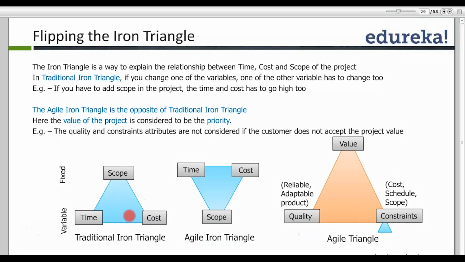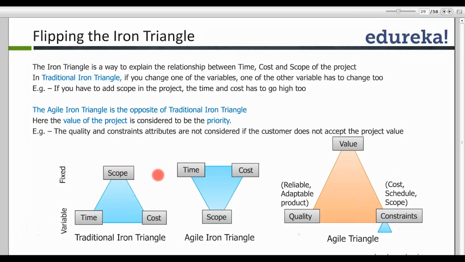In traditional project management, scope was fixed. When I captured the requirements upfront, I was freezing the scope of the project. Time and cost were the key variables.